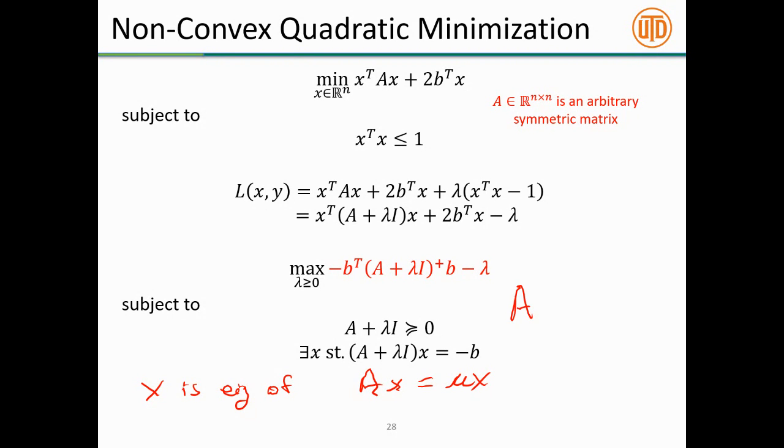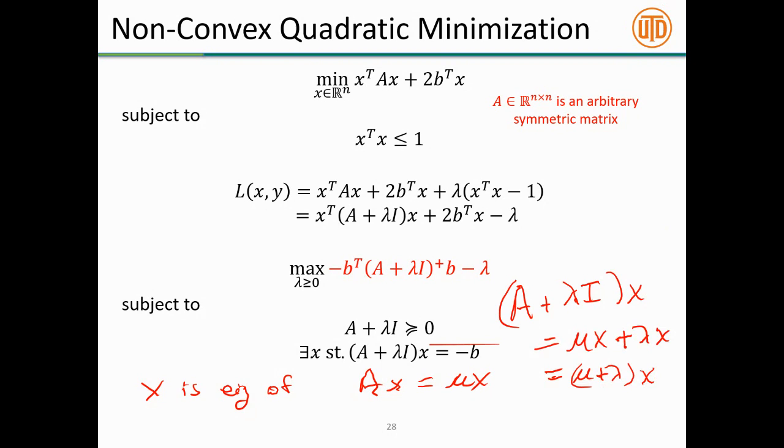Then A plus lambda I times x is equal to mu x, since x is an eigenvector of A. And x is also an eigenvector of the matrix lambda I, because everything is an eigenvector of the identity matrix. So the second term is just lambda times x. That tells me that if x is an eigenvector of A, then x is also an eigenvector of A plus lambda I, only its eigenvalue changes from mu to mu plus lambda.